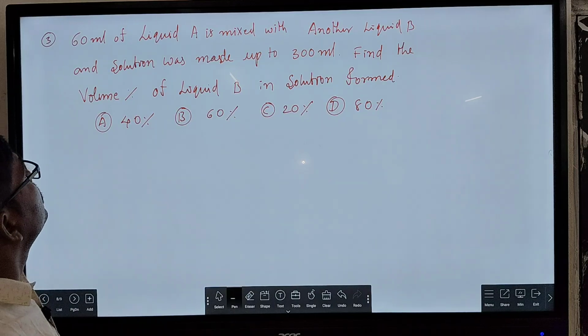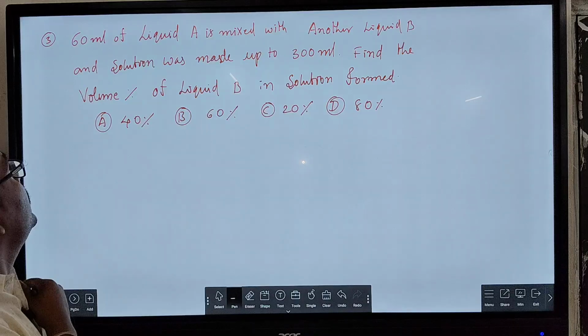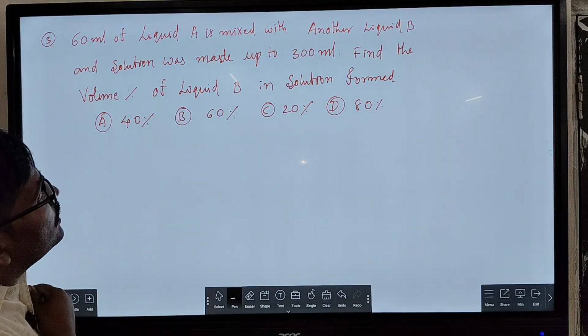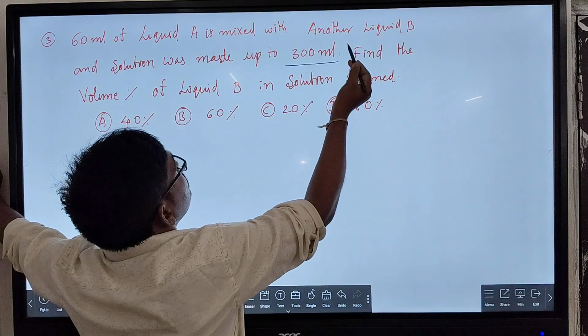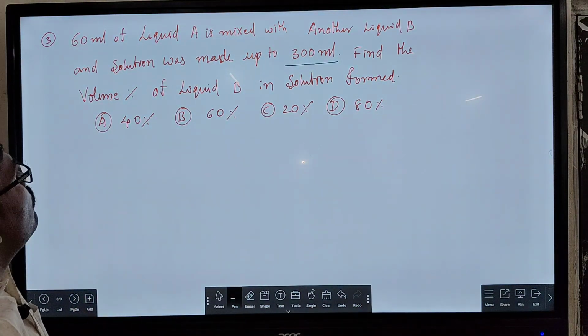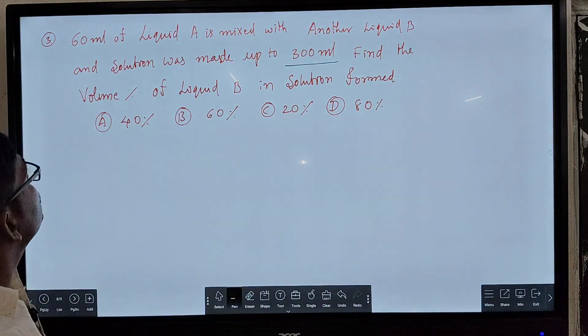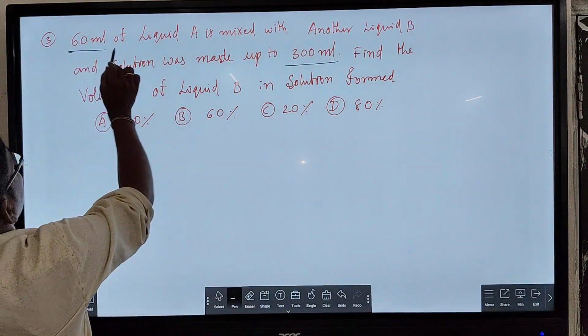So next, 60 ml of liquid A is mixed with another liquid B and the solution was made up to 300 ml. Find the volume percentage of liquid B in the solution. Here, liquid A is given.